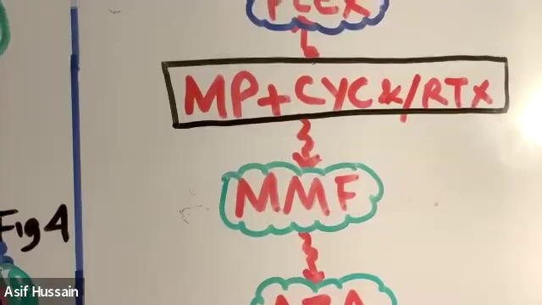In those cases, when the disease is still not extremely severe, we can try rituximab instead of cyclophosphamide, methylprednisolone with rituximab. If the patient uses cyclophosphamide for induction and they fail, then we can use rituximab instead. Vice versa, if rituximab was used first and that has failed, we can switch to cyclophosphamide.